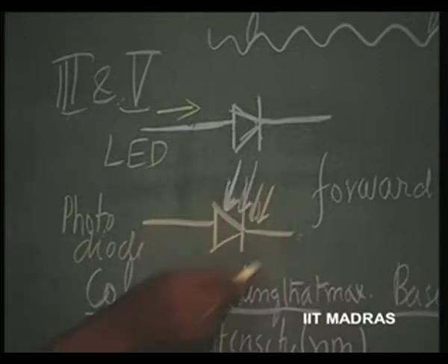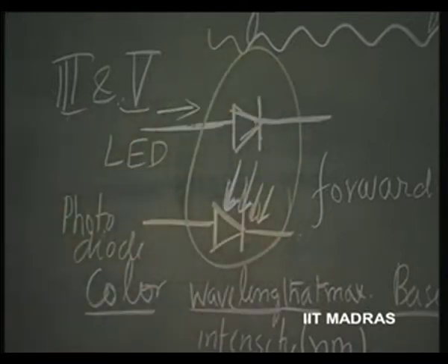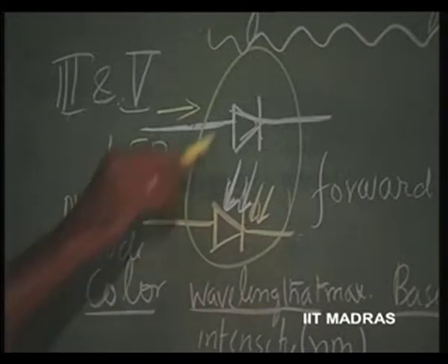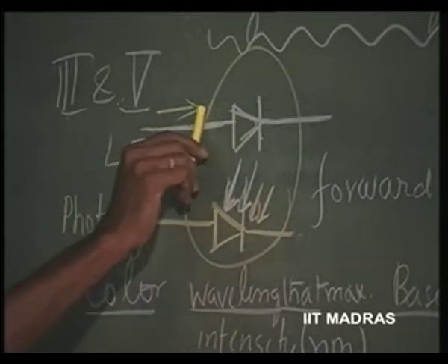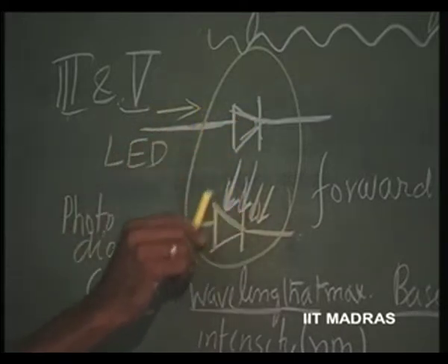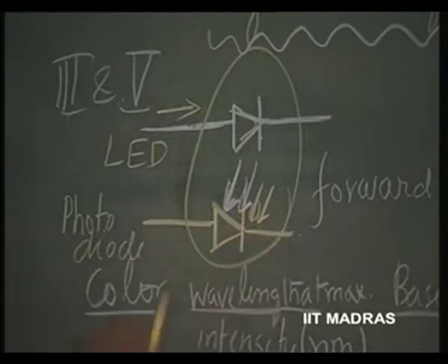So, the combination is an important unit in present day electronics, particularly with this optical fiber coming into picture, etc. This becomes an important unit where this light itself, which is generated by a current, can fall on this photodiode and generate a corresponding current.